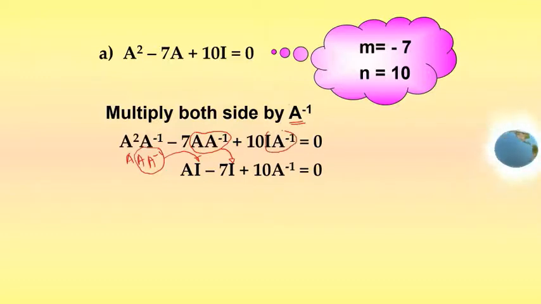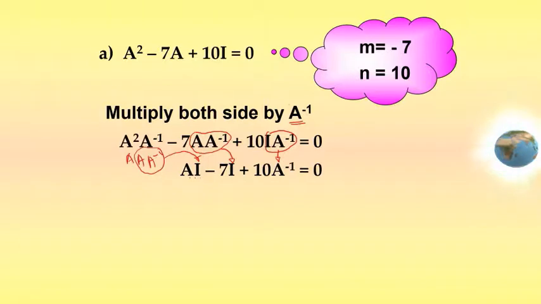Identity times A inverse is equal to A inverse. The concept of identity is equal to 1. 1 times anything becomes that number. So similar as identity in a matrix.